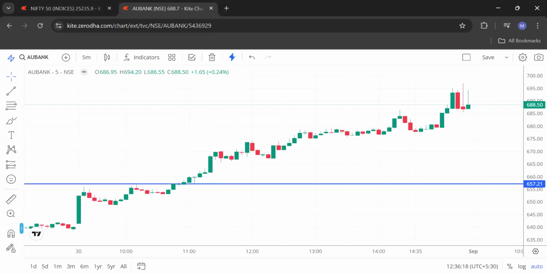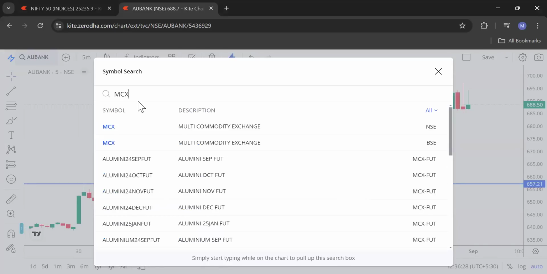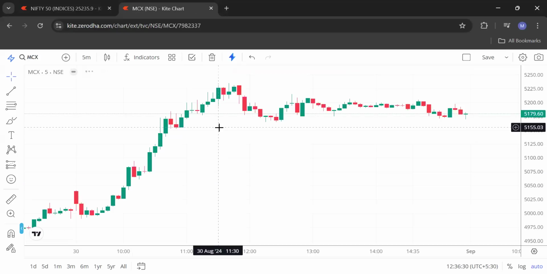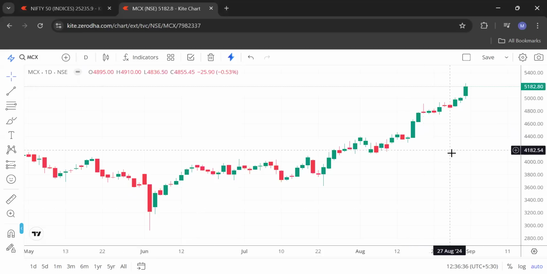Now let me go to the second script, Multi Commodity Exchange. Now let's go to M6. Okay, let's first go on daily. Previous day close is 5004.75.